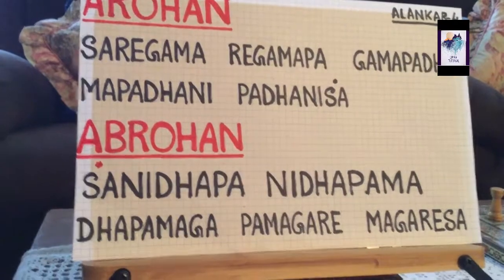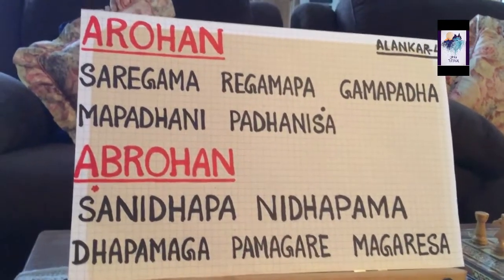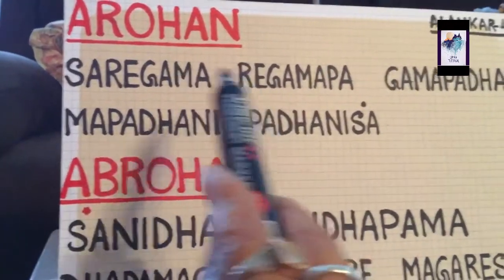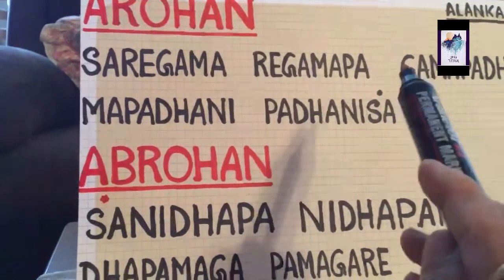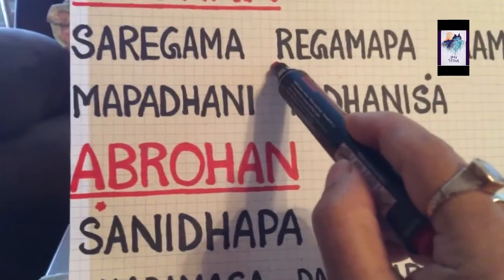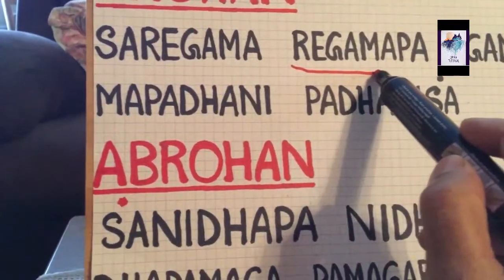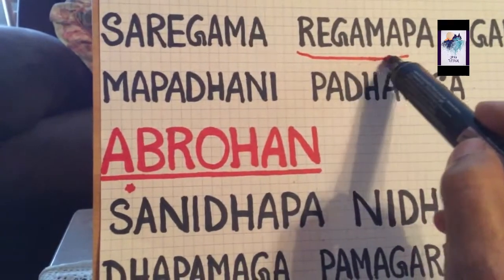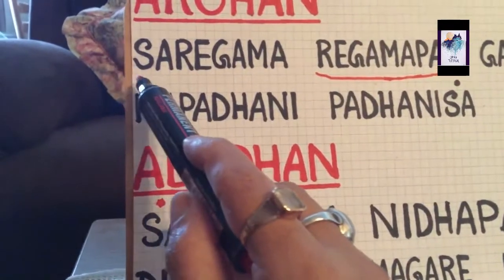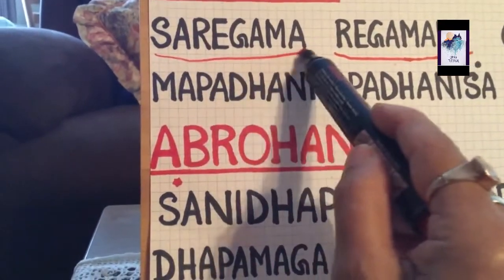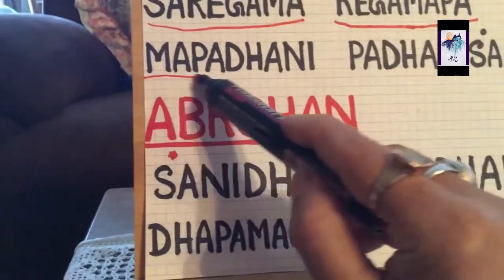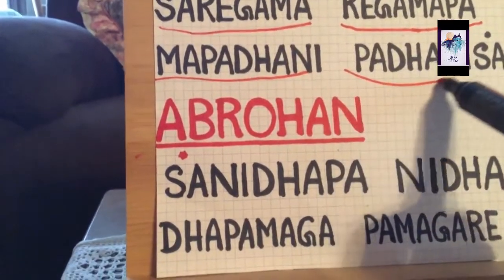And what is the second mistake? Though I have made a gap between each beat, I didn't put the curve which I have to do to indicate that this exists in one beat: sa re ga ma, re ga ma pa, ga ma pa dha, ma pa dha ni and pa dha ni sa.